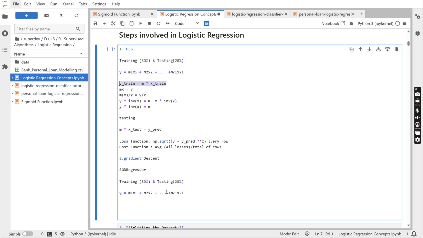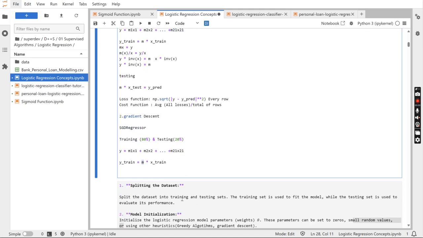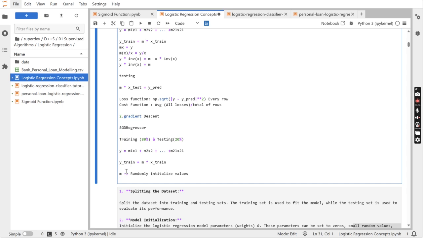This part also remains the same. Basically you have to find out the m value, but what you will do is randomly initialize values for m. You will assume certain values for m and put them in this equation.